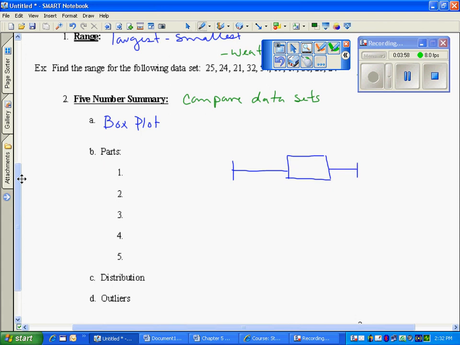So we have some values that we look at, working left to right. The first one is a minimum. That would be the smallest. The next one we're going to look at is this line, which is what we call Q1, or quartile 1. And what it is is the median of the lower half of the data.